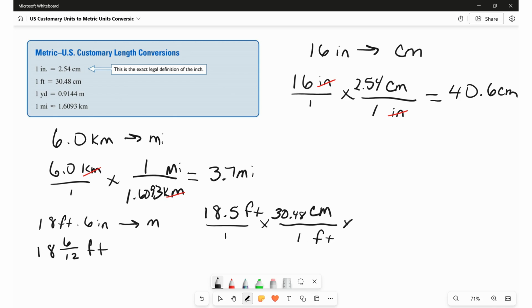And then also multiply that by 1 meter over 100 centimeters. Because what this is going to do is cancel our feet out here and cancel our centimeters out here. And when we multiply all of this through, that gives us 5.6 meters.